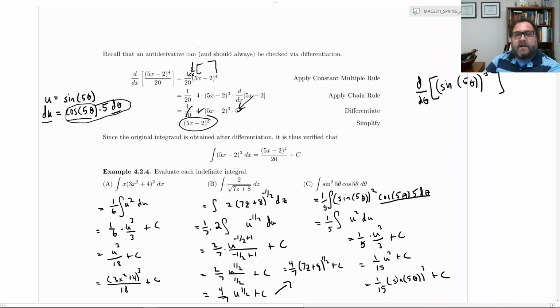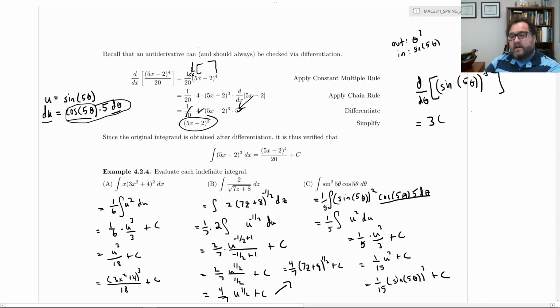We can first identify the outside and inside. Overall, the outside function is theta cubed, and the bigger inside function is going to be sine 5 theta, like so. So what does the chain rule for differentiation tell us? It says take the derivative of the outside function.